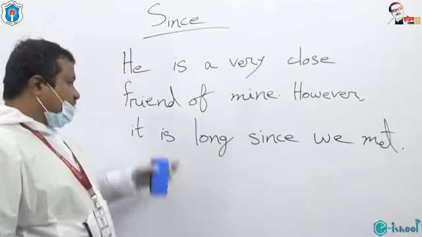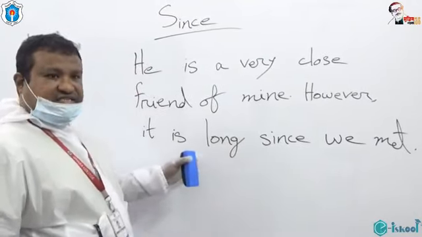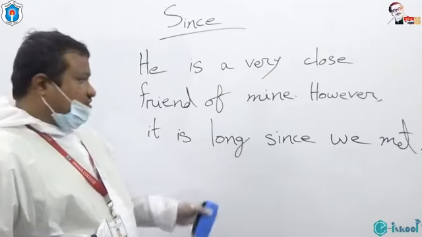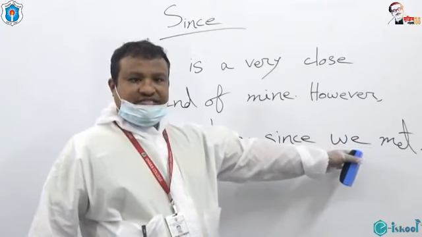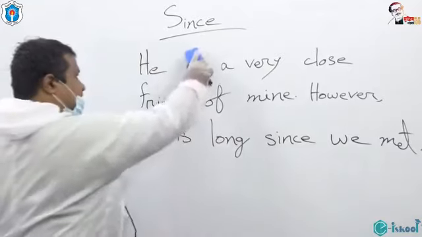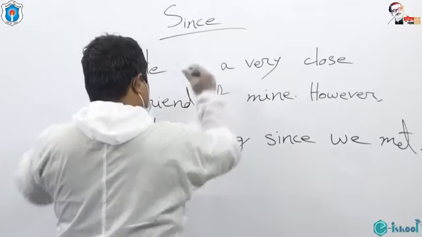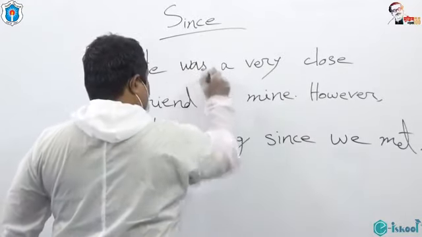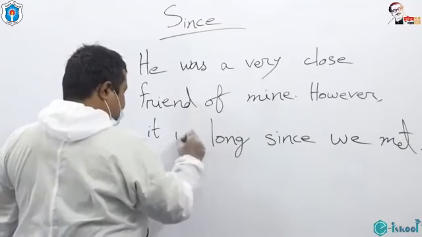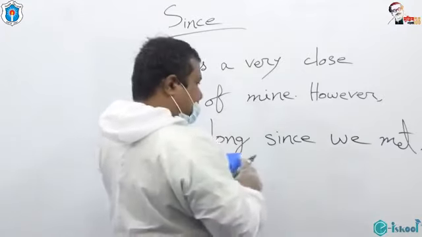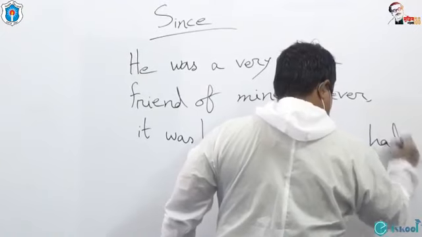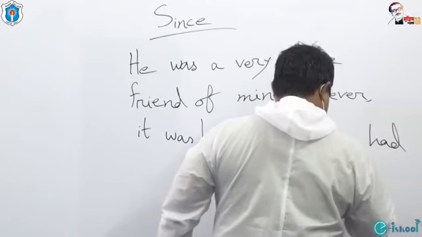So if the clause used before since is in present tense, the clause used after the word since will be in past tense. But if I say he was a very close friend of mine, however, it was long since we had met.